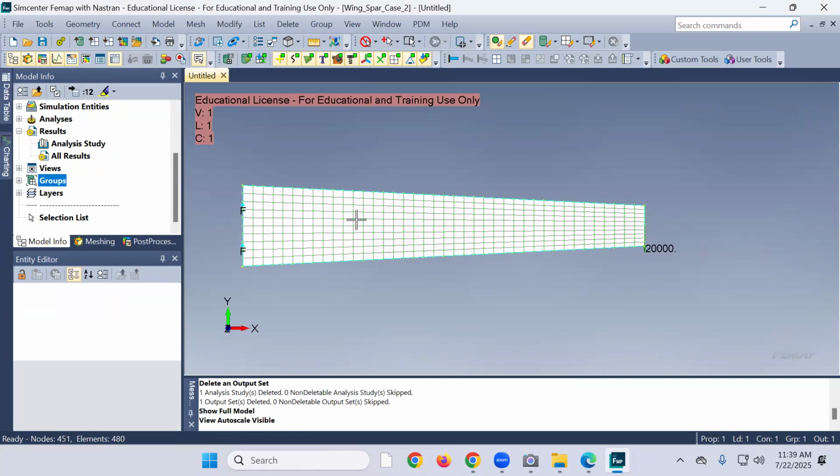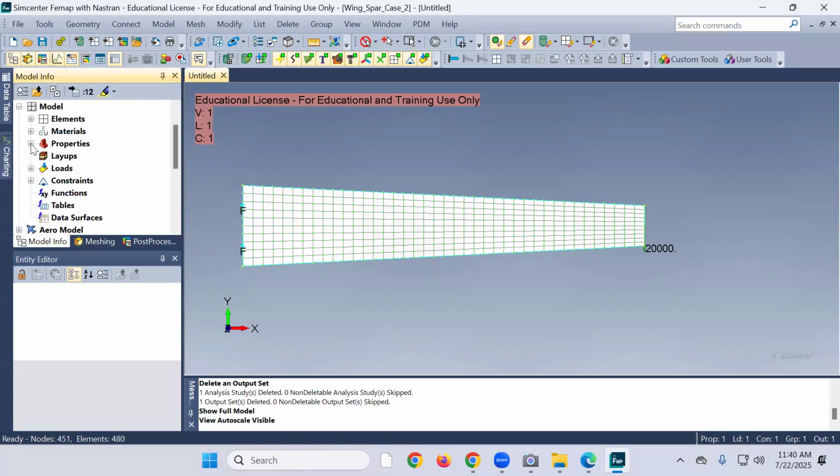Okay, so in this case, this is case 2. Remember, case 2 is the panel now is effective in bending. So when we use shear panel, basically you're just saying that the panels are just effective in shear and not in bending. So what we need to do here, go to model, go to property, and create a property so that the panel can resist bending.